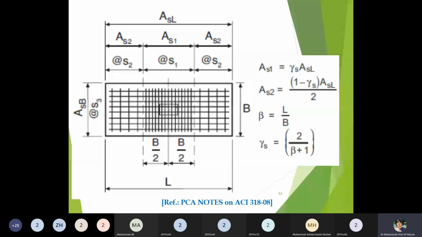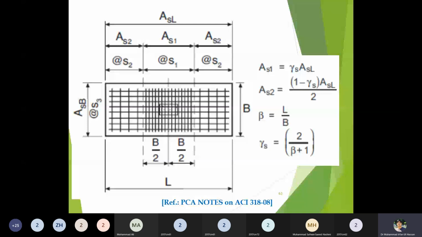So the load in the central region is more, so we have to provide a higher concentration of bars in the central region.